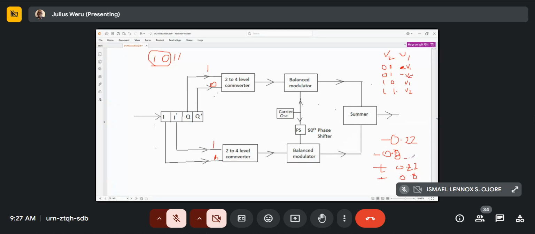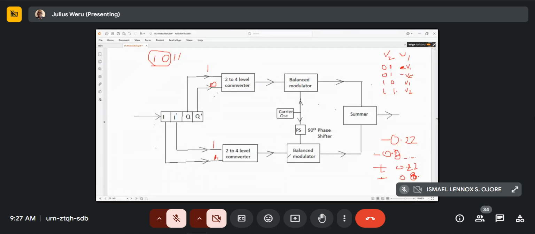I don't remember what the 0.8 is. I think that is one of the most common. So from 2 levels, you are creating 4 levels. These are the 4 levels.